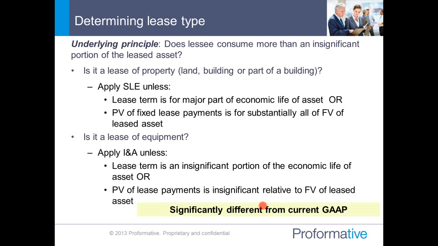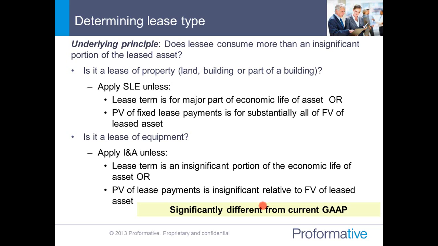The underlying principle, which I disagree with, is that the SLE model will be applied to property leases unless the lease term is for a major part of the economic useful life, or the PV of the lease payments is for substantially all of the fair value of the asset, meaning that it looks and acts and smells just like current GAAP, where if the lease term is for a major economic portion of the life, or the PV of the payments is equal to or greater than 90% of the cost, you have a capital lease.